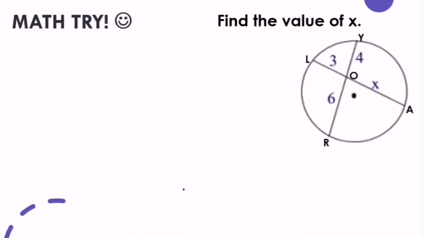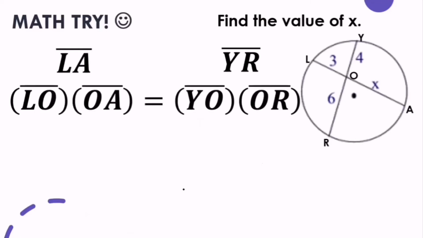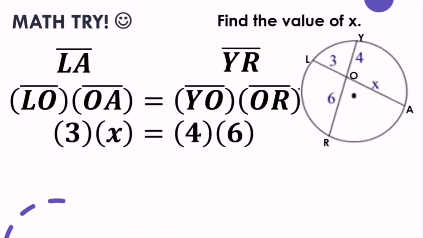Let's proceed on solving. So find the value of X. So we have LA and YR. And the next one is, katulad ng nabanggit ko kanina, those are the segments involved on that chord. Then, substitute the given values.